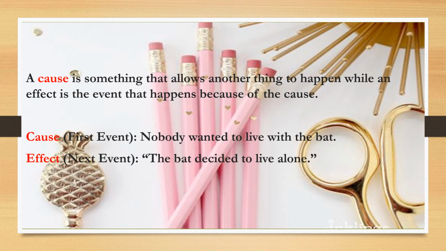For the next event, for the effect: the bat decided to live alone. We are told that the cause, or the first event, is that nobody wanted to live with the bat. The second event, which resulted from this situation, is that the bat eventually decided to live alone since nobody wanted to stay with him.